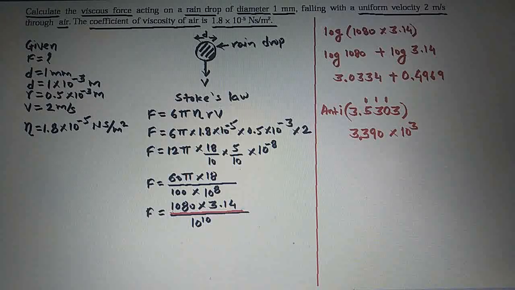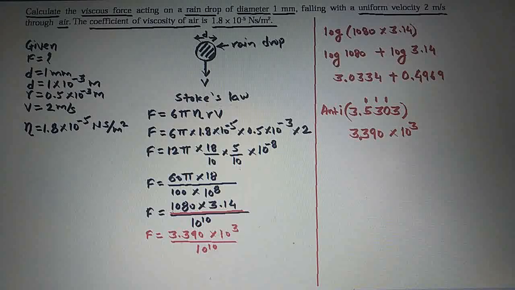calculation of 1080 into 3.14. So we will write that here. We can write F is equal to 3.390 into 10 raised to 3 divided by 10 raised to 10 here.